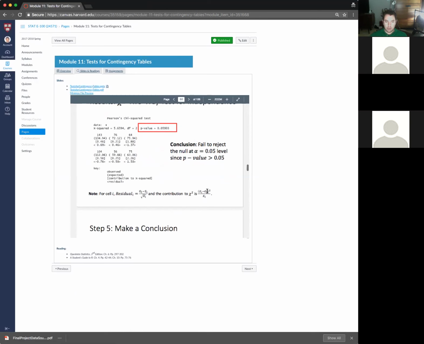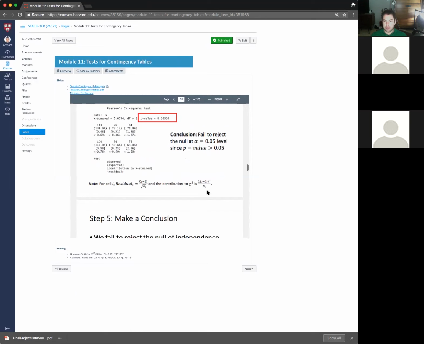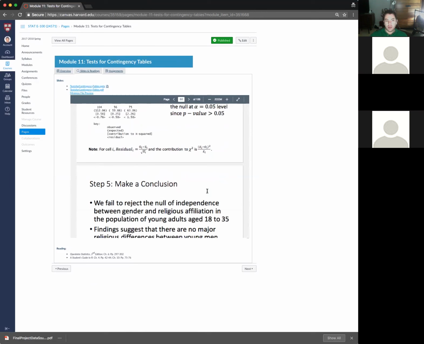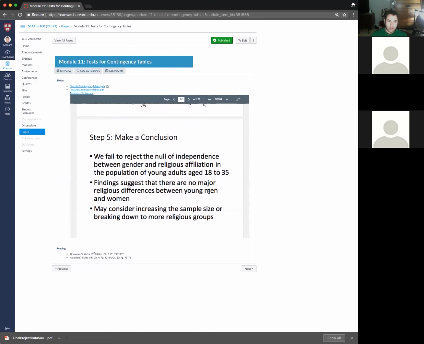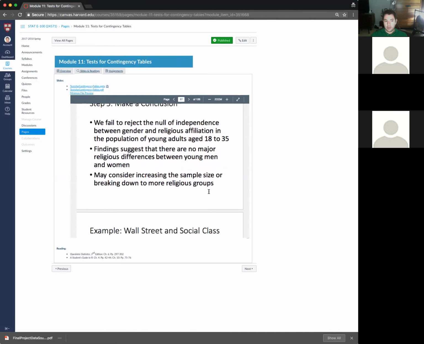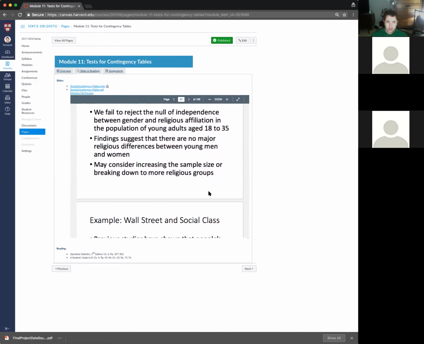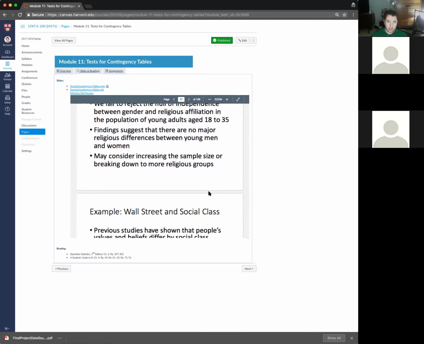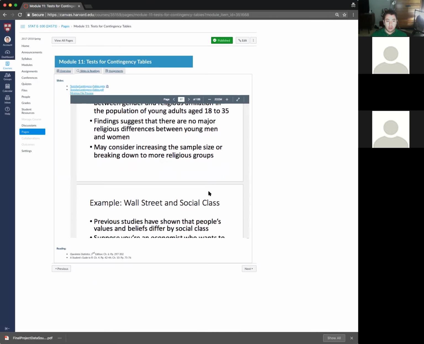So it's not like if you're male, you're more likely to be Catholic and females are more likely to be Protestant. So we failed to reject the null hypothesis of independence between gender and religious affiliation, and suggest there's no major religious differences between young men and young women.